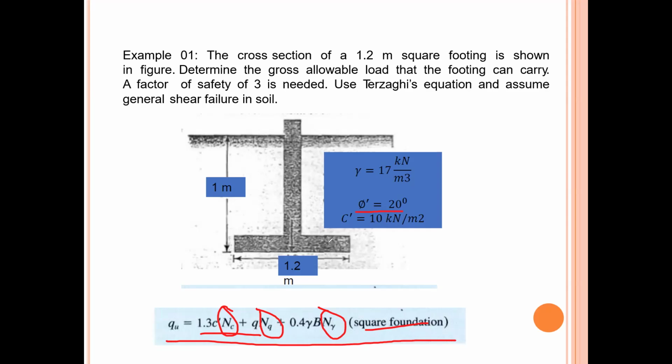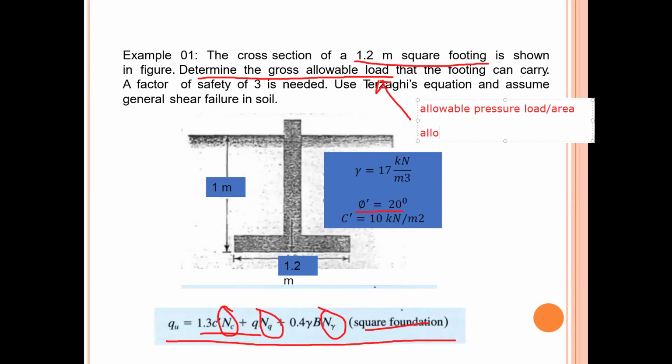For a square foundation, in the description it says 1.2 meter square footing. We have to calculate the gross allowable load. So there's another difference. I'm asking for allowable load. If I ask for allowable pressure, that's load divided by area.